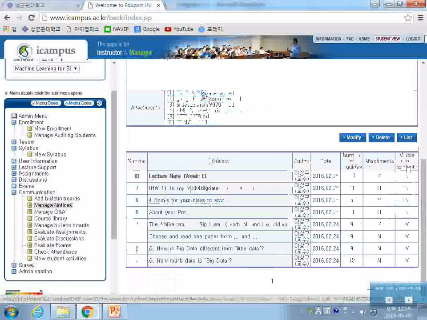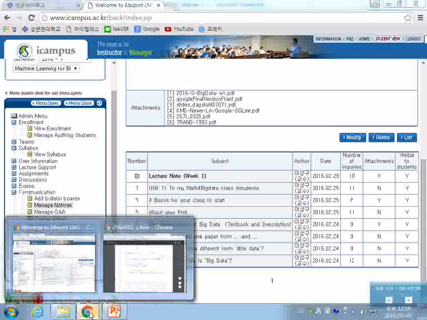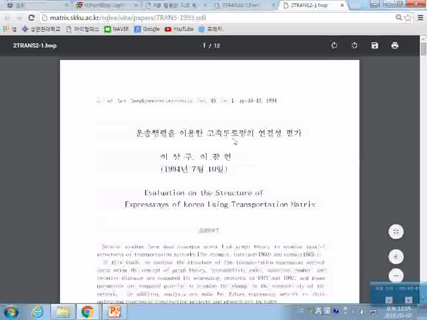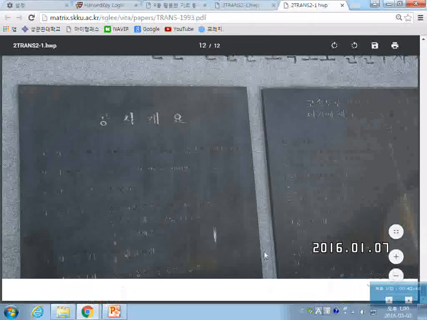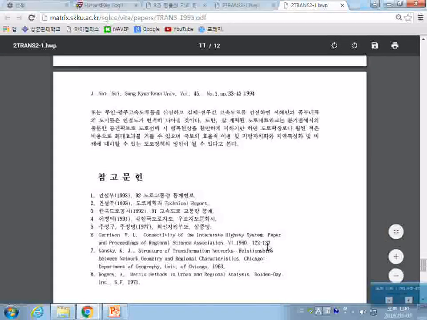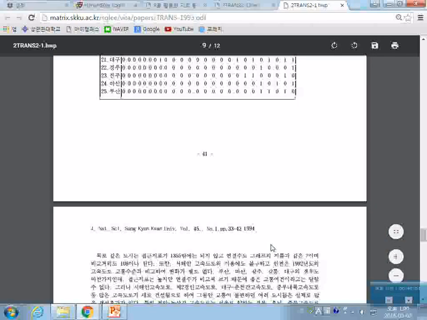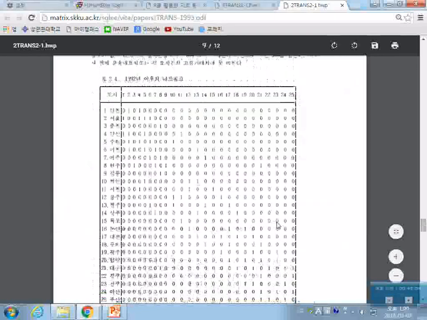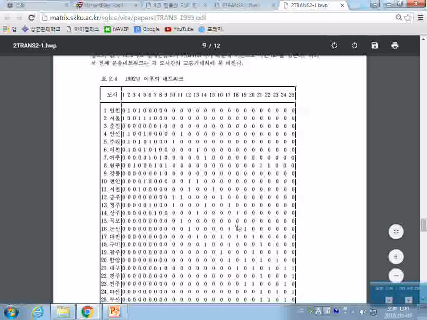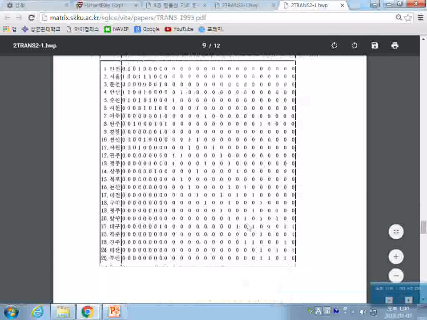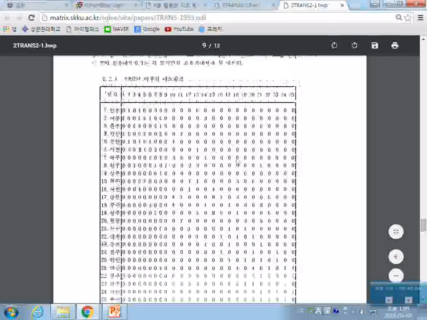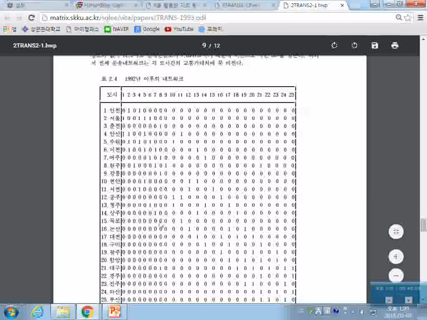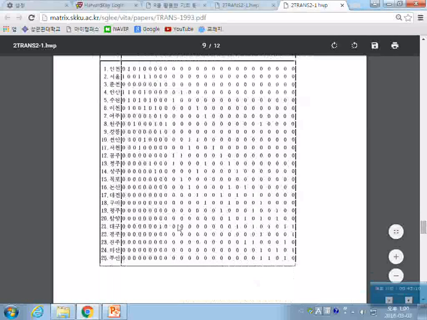And the others are, and actually this is one. Actually, this is my paper in 1994, and here where is the English? This says English abstract. Actually, 23 years ago, I needed to compute the 25th power of this 25 by 25 matrix.